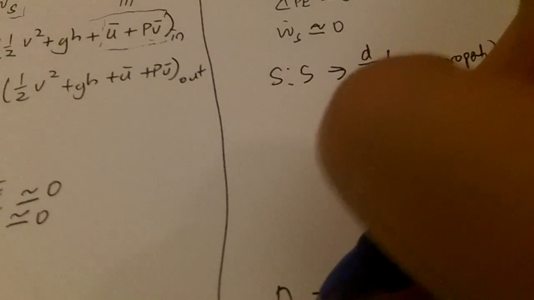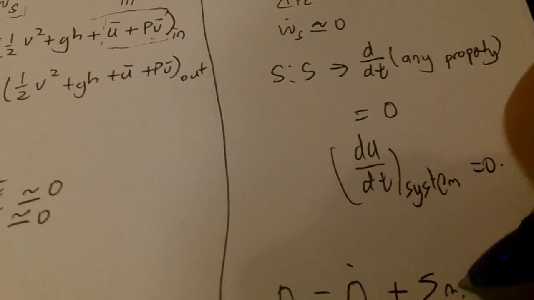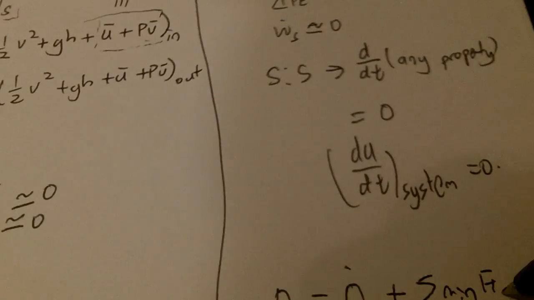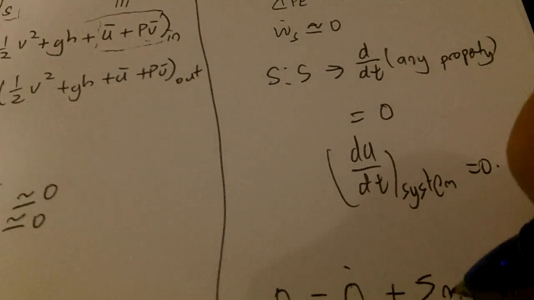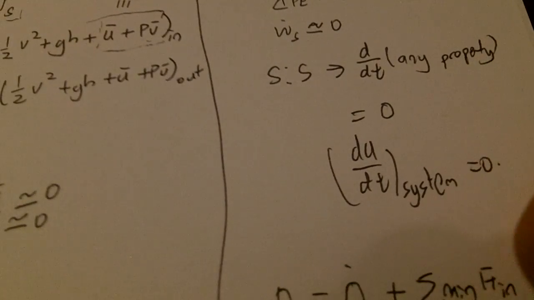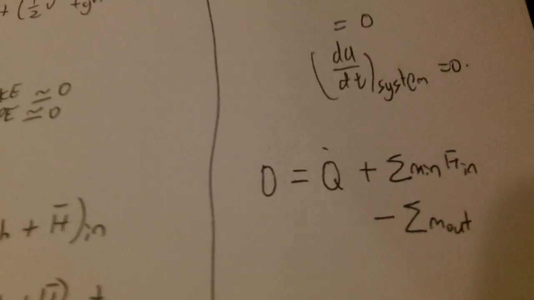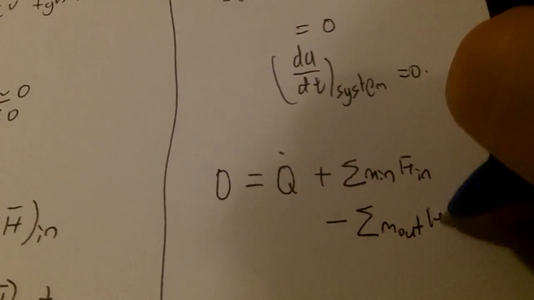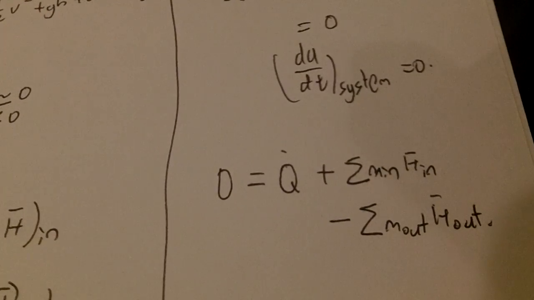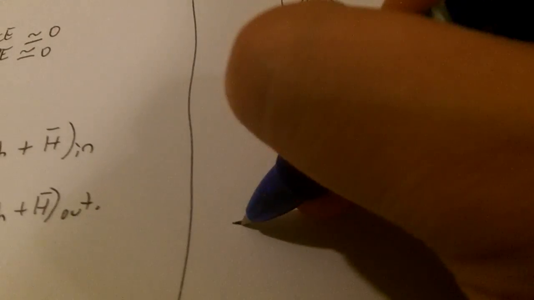So we have 0 equals the rate of heat flow in plus the enthalpy, the energy flows going in due to mass flows in, and the energy flow out due to mass flows out. And at the end you will get this equation.